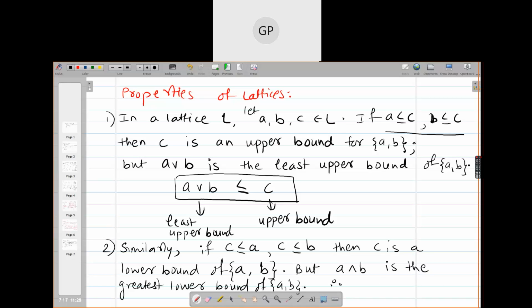Therefore, what is the connection between C and A meet B? C is any lower bound and this is the greatest lower bound, so C will always be less equal. Any lower bound will be less equal the greatest lower bound, and the least upper bound will be less equal any upper bound. These two are very, very important properties you have to remember and understand. Okay, now I'm stopping. We will meet in the next lecture.